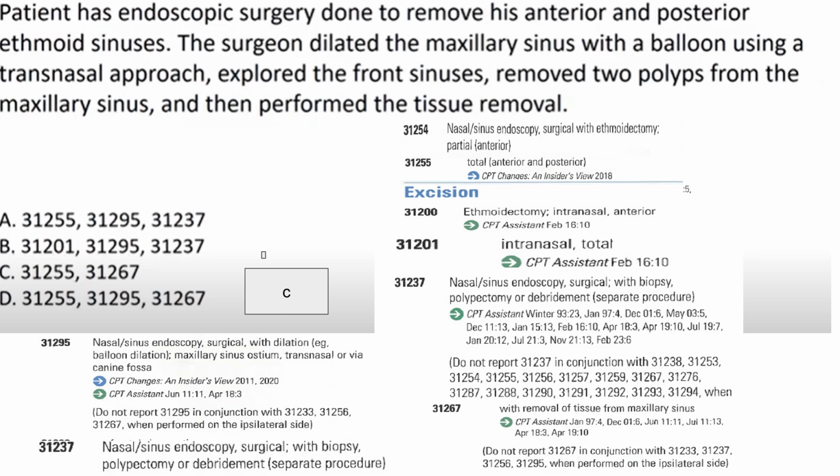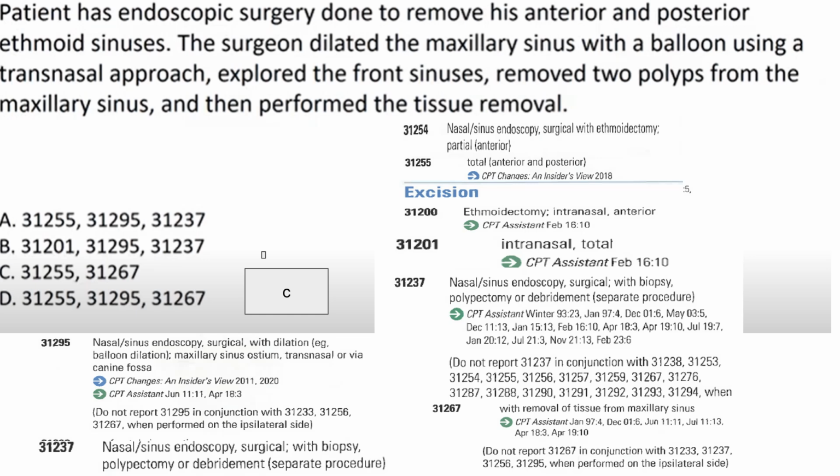So we will require a first code for that. If you see the code 31255, it is the code for endoscopy surgical with ethmoidectomy, partial or total. In our case, it is total because the anterior as well as the posterior ethmoid sinus has been removed. So I will require the code 31255.